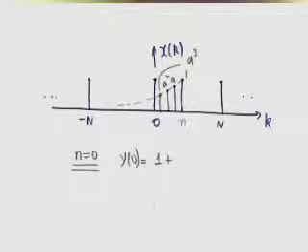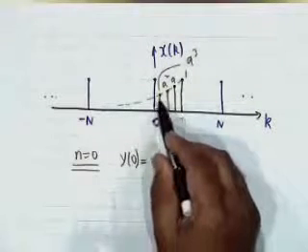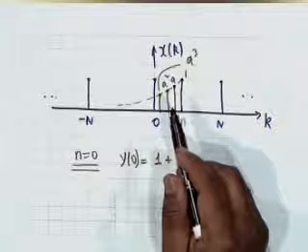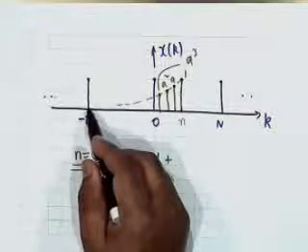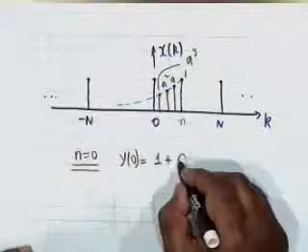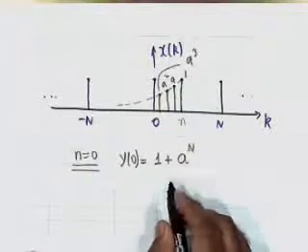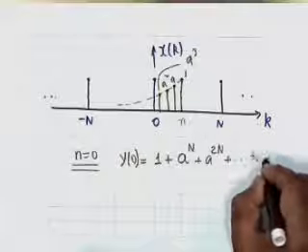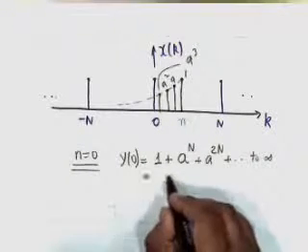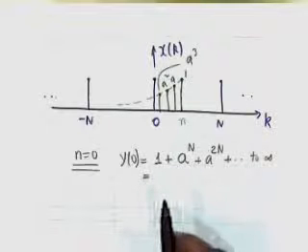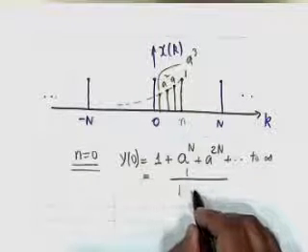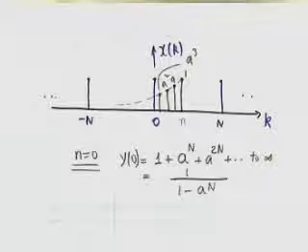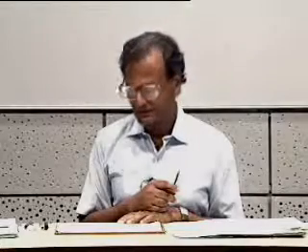The next overlap shall occur when the sample size becomes a to the power capital N, and this shall occur here. All right. So I shall have a to the power capital N. The next one shall occur when it is a to the power 2N, and that shall occur at minus 2N. So a to the power 2N, and so on to infinity. That's as simple as that. And therefore, this is a geometric series, and mod a is less than unity, and therefore this is simply 1 over 1 minus a to the N. All right, 1 over 1 minus a to the N.